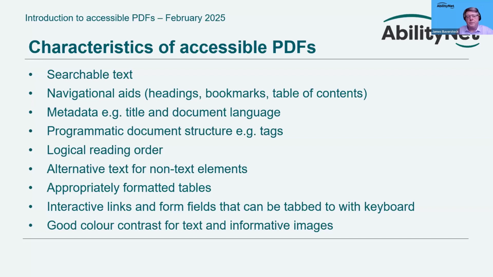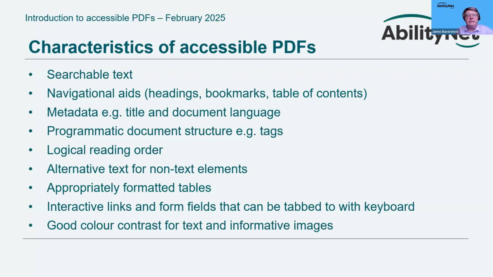A logical reading order is also very important for assistive technology like screen readers. And this order in which the document is read out is controlled by the order of the tags in the PDF document. And again, we'll have a quick look at this a bit later on in a bit more detail.